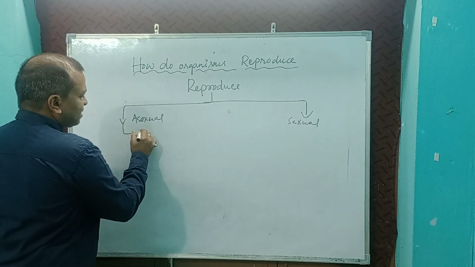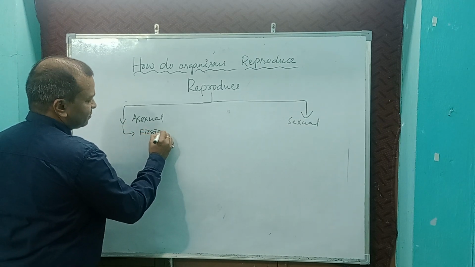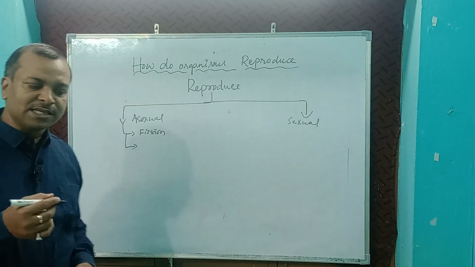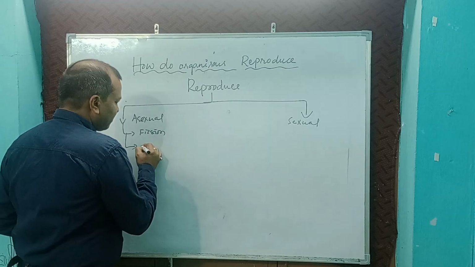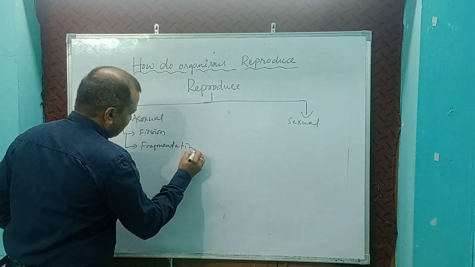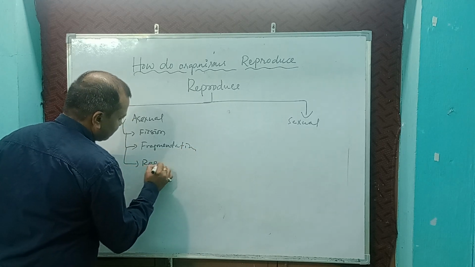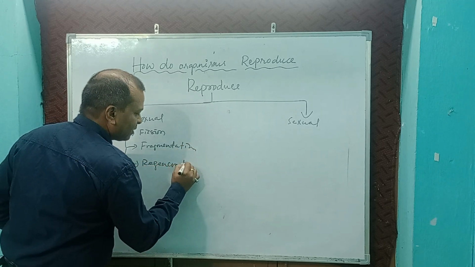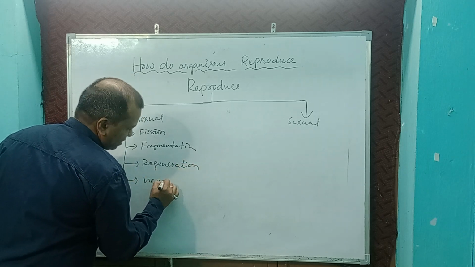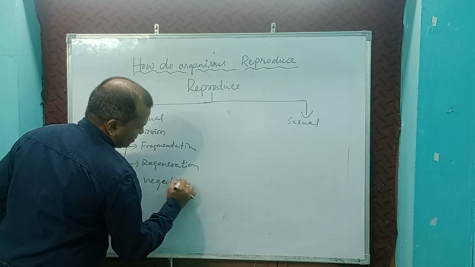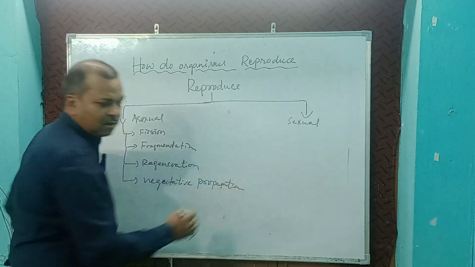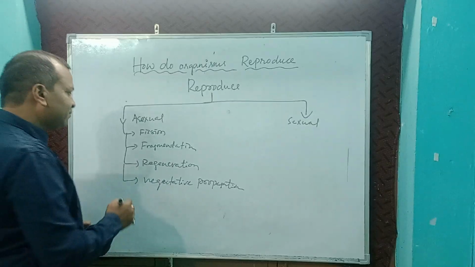In asexual reproduction, fission is there. The second one is fragmentation, then regeneration, vegetative propagation, and spore formation.